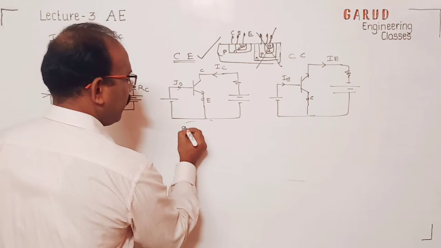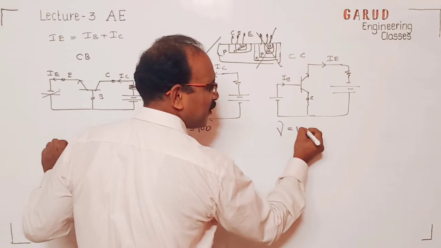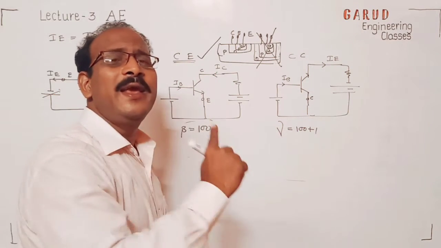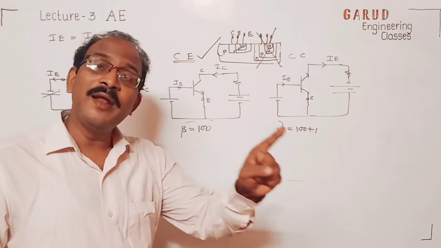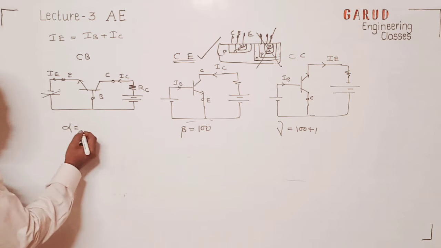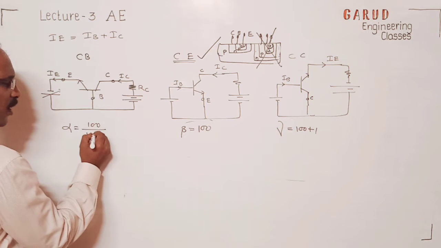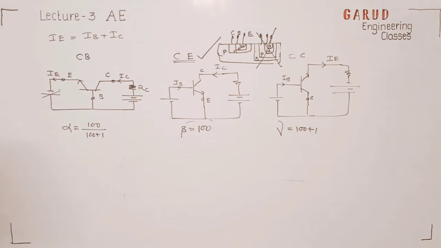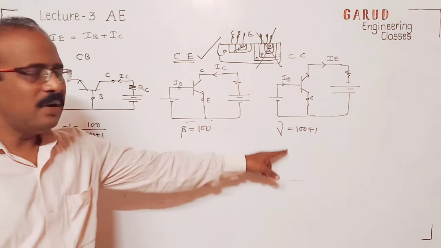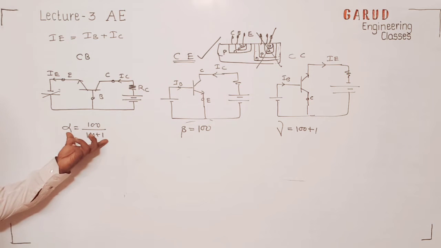If beta is given as 100, gamma is always 100 plus 1, slightly greater than beta. And alpha is beta upon gamma, 100 upon 100 plus 1, which is slightly less than 1. So this is the alpha.